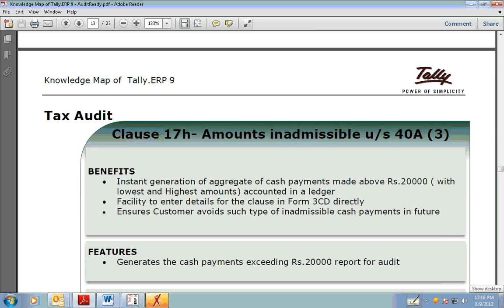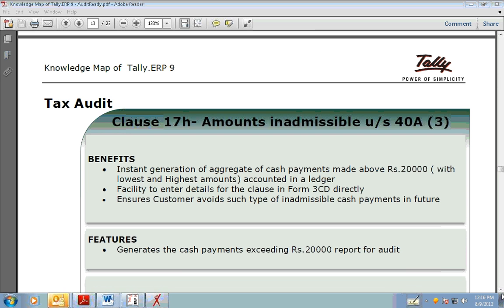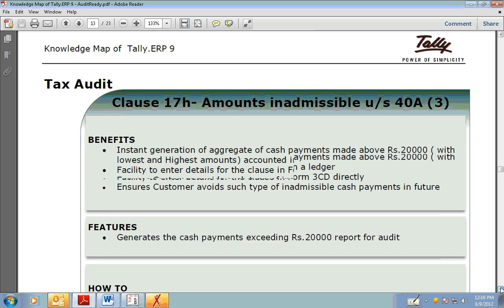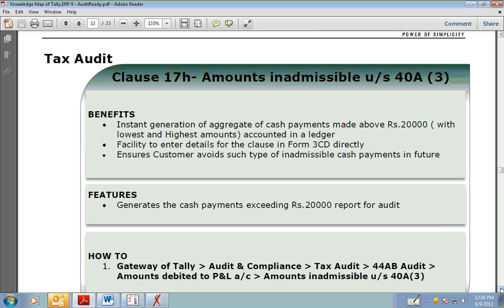The cash payments, as we all know, exceeding 20,000 have to be made through a crossed cheque or DD. If you have accounted for cash transactions of more than 20,000, those are not admissible. They need to be checked and validated, so that the user will not have this case in future.